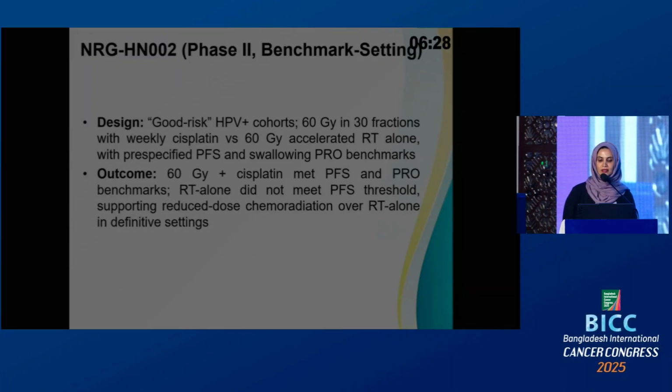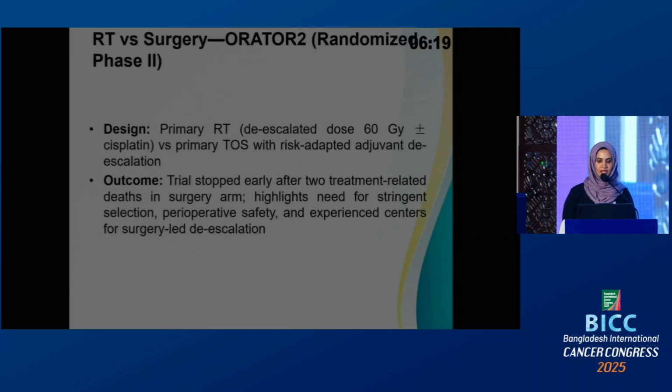They found that the concurrent chemoradiation met the progression-free survival threshold, and RT alone did not meet the PFS threshold. The ORATOR trial was also mentioned by Dr. Shabna, so I will not go through it.